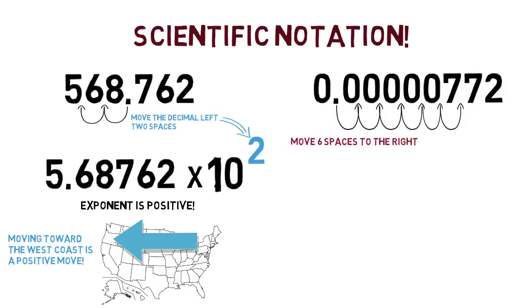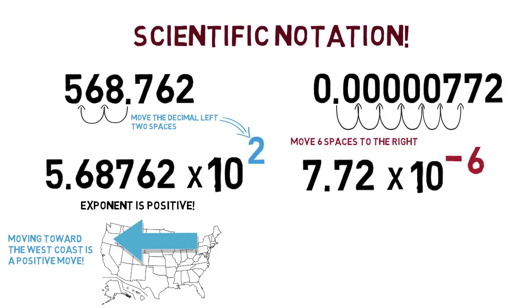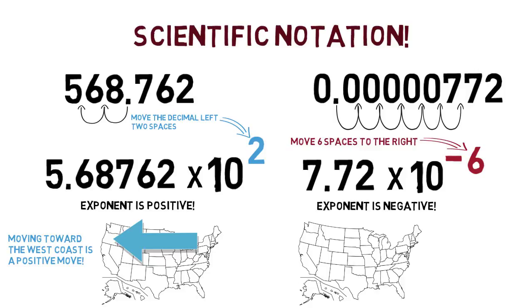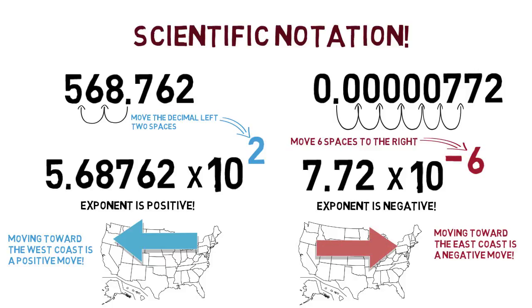And then we get 7.72 times 10, and we moved over to the right, so we get a -6. The 6 comes from the number of spaces we moved over, and the exponent is negative because we moved to the right. And again, a good way to remember this is moving to the right is moving toward the East Coast on a map, and we all know that that's a pretty negative move.